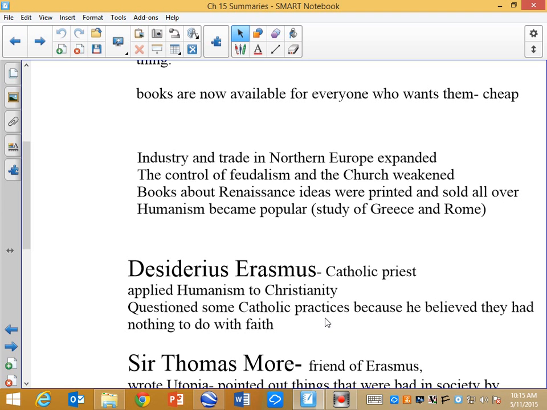He wrote a book called In Praise of Folly, and by writing that book, he aimed to kind of make fun of the way the Catholic Church did some things, and it's these ideas that he's pointing out. They don't have anything to do with faith, and so he took sort of a slightly humorous approach to try to convince people that this is not a good way to handle things.